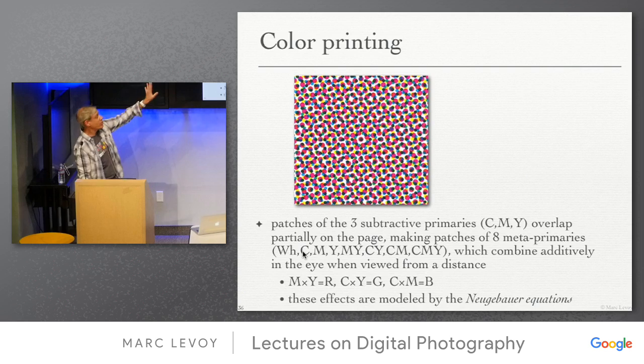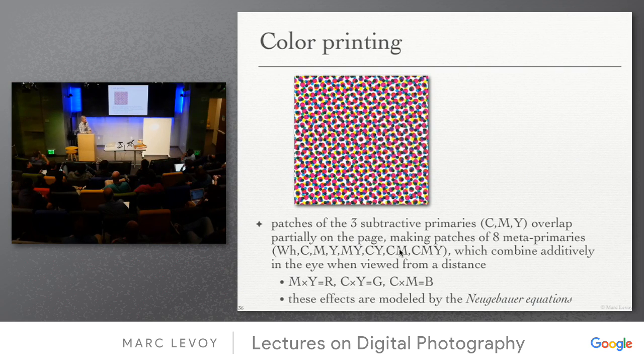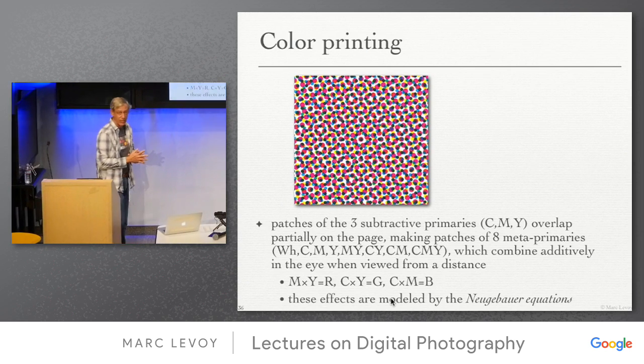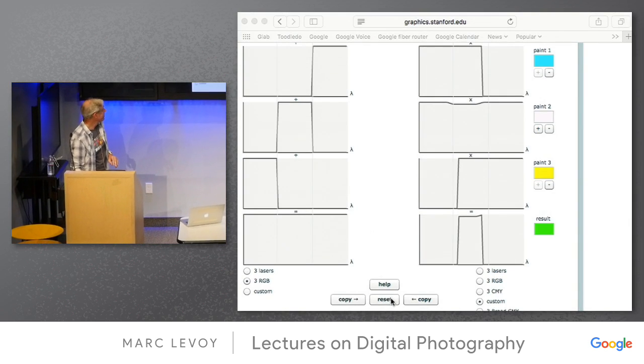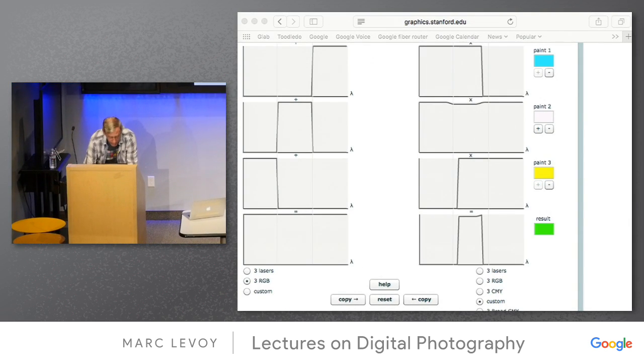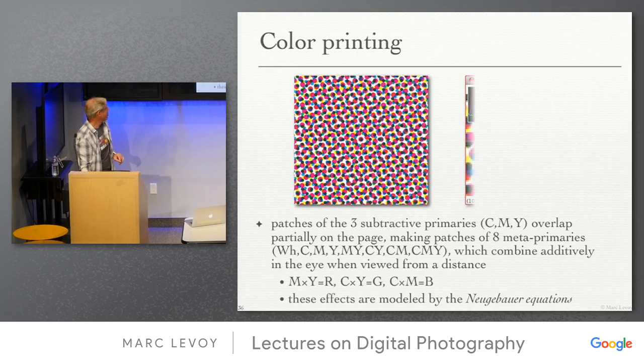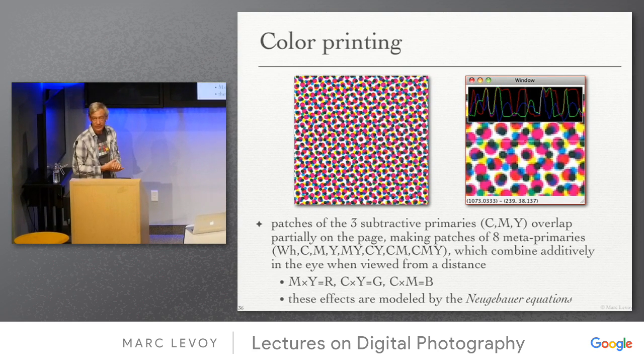And then you have all those dots of all those primaries, and they all add in the eye when you hold the printed page far enough away from you. Those overall effects are modeled by a set of equations called the Neugebauer equations, which we won't go into here.